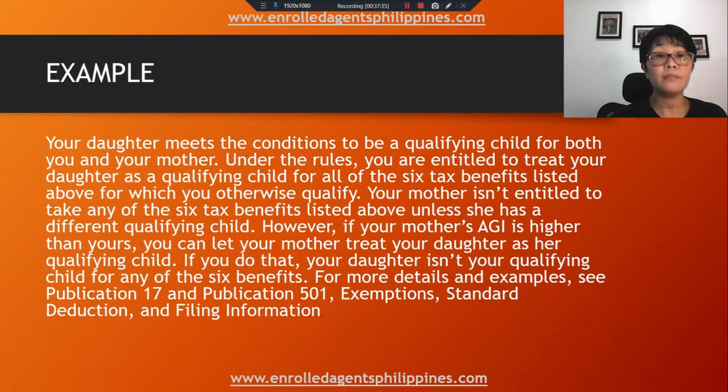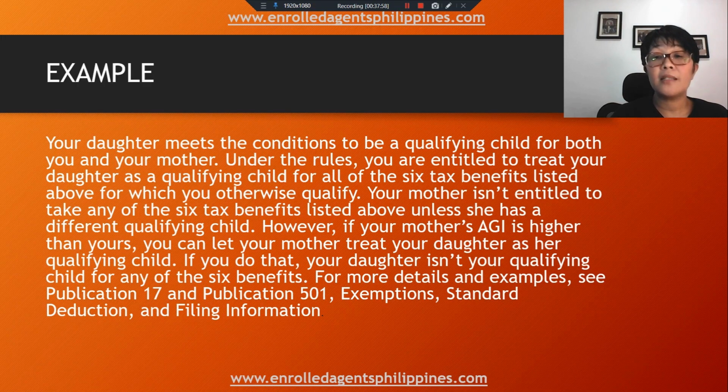Okay, example. Your daughter meets the conditions to be a qualifying child for both you and your mother. Under the rules, you are entitled to treat your daughter as a qualifying child for all the 6 tax benefits listed, yung kaninang nauna natin binanggit, for which you otherwise qualify.